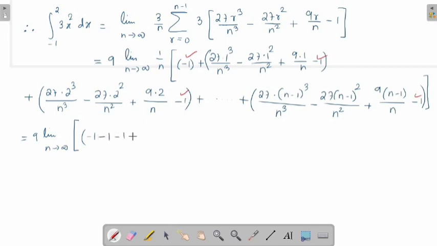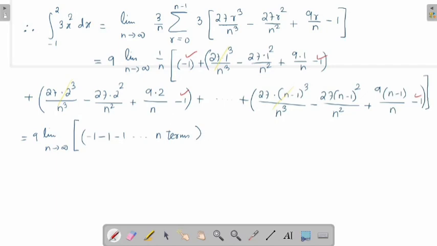Okay, and it continues till where? How many -1s are there? There will be exactly n -1s. So we have -1 n times. Now we'll group these cubes, so this one is there, this one is there, this one is there. Now if you see in all these cubes, 27 is common, right? See, we have 27 here, here, here as well.